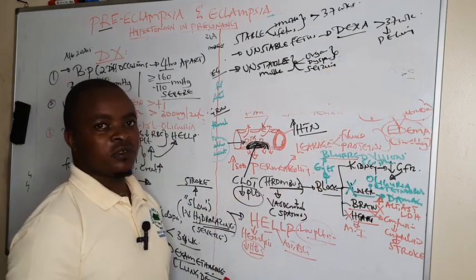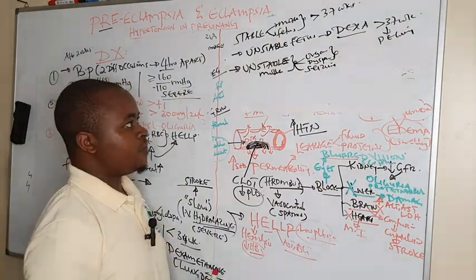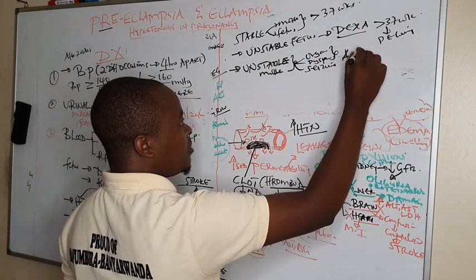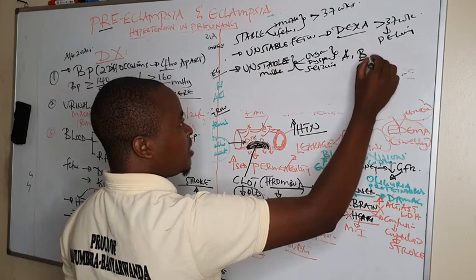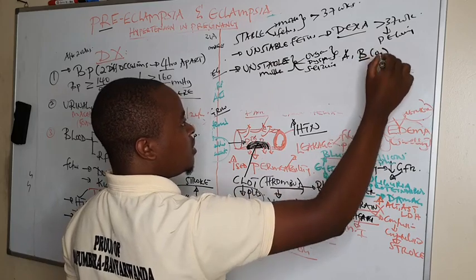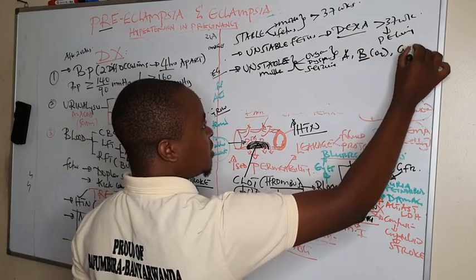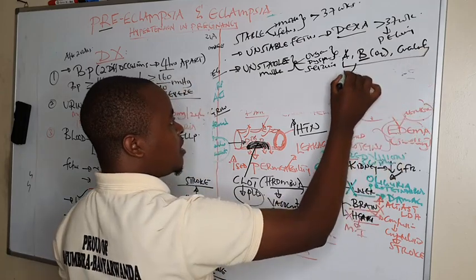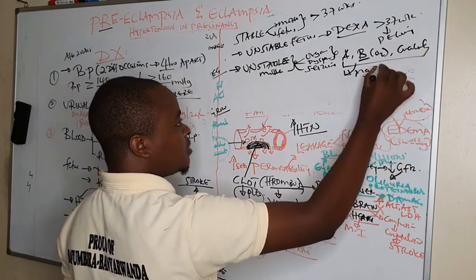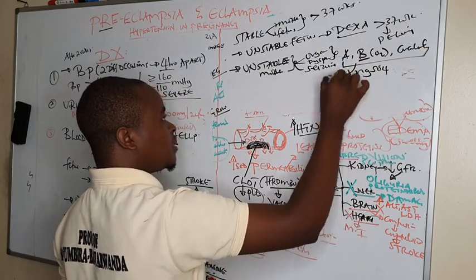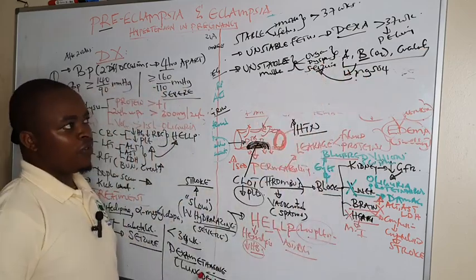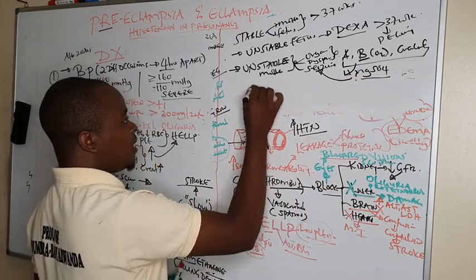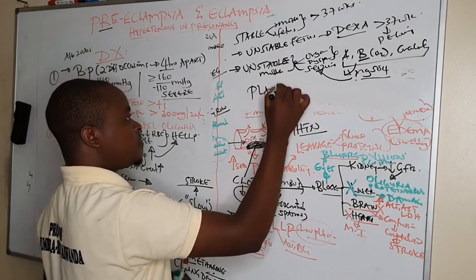So the first thing you do is to stabilize the mother. And how do you stabilize? You do ABC. You open the airway, you ensure breathing by giving oxygen, and you ensure there is saturation. After stabilizing the mother, you can give magnesium sulfate. This magnesium sulfate is to stop seizures, IV. As you are stabilizing these seizures, that's when you are planning the mode of delivery.